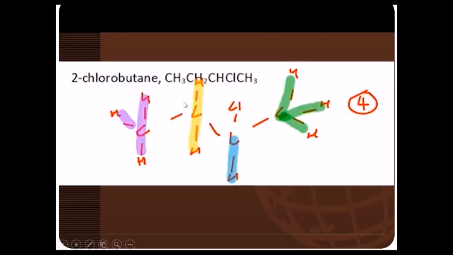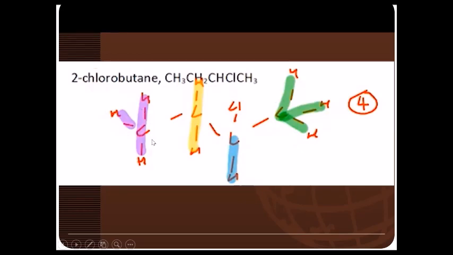All right, so we have 2 CH3 groups, but they're on different ends. Let's ignore them a little bit for now. We have a hydrogen connected to a carbon with a chlorine, right there, and then just another CH2 group on this side. The question we should ask first is, look at the CH3 groups on both ends.